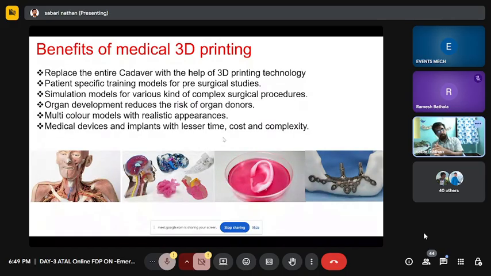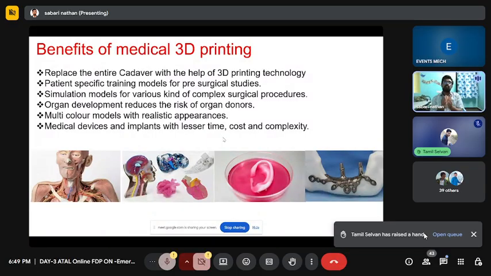Then coming to simulation models, then organ development using bioprinting technology, then implants using DMLS as well as triple F. When we are developing a component using PEEK material, you can use triple F technology. When you are fabricating metal implants such as cobalt chromium as well as titanium, you can use the DMLS method, direct metal laser sintering method.